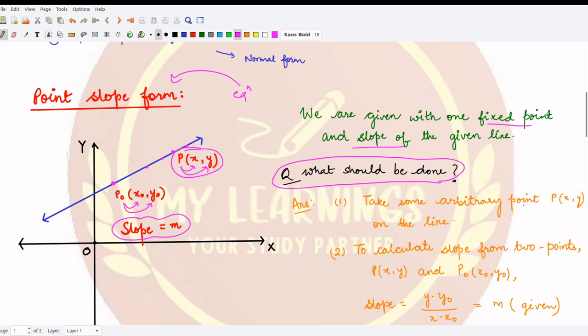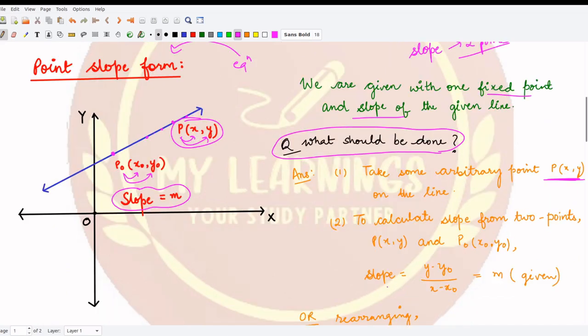For that, we know the formula to calculate the slope of a line using two points. One point is already given to us, and another we have considered to be this arbitrary point P of x comma y. So by the two-point form of slope, you can calculate the slope as y minus y0 upon x minus x0, right? And in the question it is given to be equal to small m, correct?